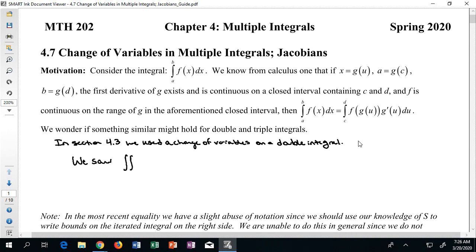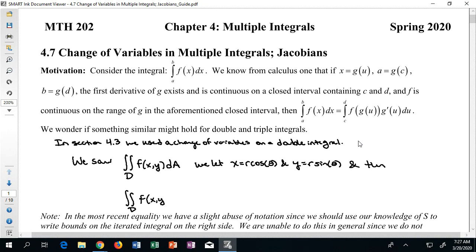We saw that if we started with a double integral over D of some function f of x y dA, what we did is we let x be equal to r times the cosine of theta, and we let y be equal to r times the sine of theta. And then what we were able to conclude is that this double integral over D was able to be transformed into a double integral over a different region, maybe a region S, right?